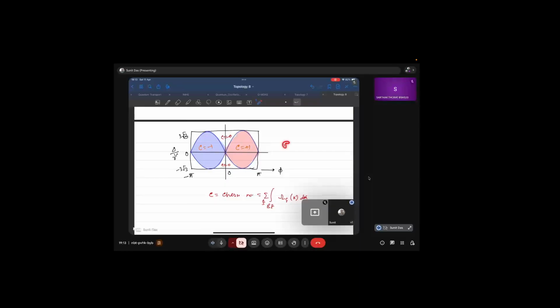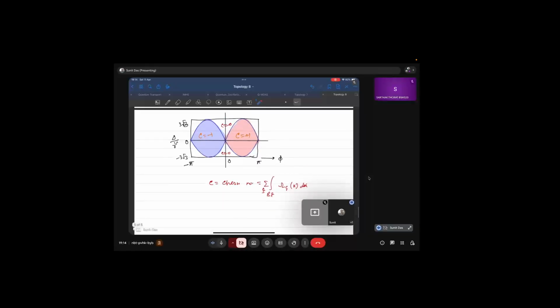That means your sigma yx will be minus e square by h. Whereas if phi is within 0 to pi, and delta by gamma prime is such that you are within this regime, then your sigma yx will be plus e square by h. So this is the case of the quantum anomalous Hall effect.